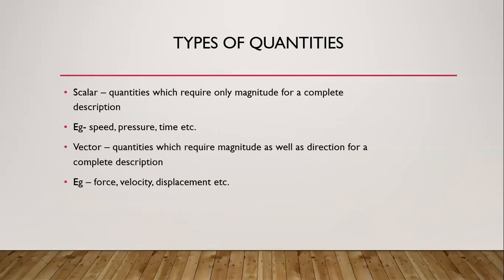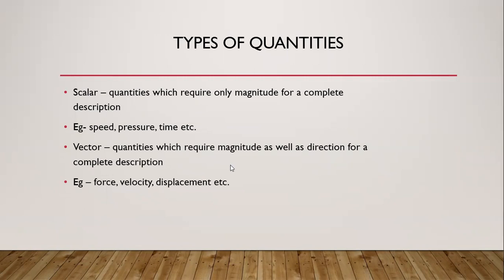So that's all. Now let's see two types of quantities, scalar and vector. Scalar quantities are those quantities which require only magnitude for complete description, for example speed, time, pressure, etc. Do you think we ever use direction with time, pressure, or speed? But vector quantities are those quantities which require magnitude as well as direction for complete description.